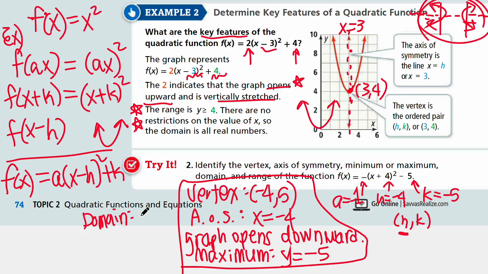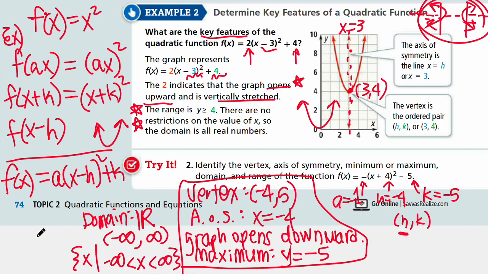Domain is all real numbers, so you can write a big capital R with two lines to represent all real numbers, or you can use interval notation, or set notation where x is anything from negative infinity to positive infinity. Okay, and then range is everything up to your maximum of -5, so everything less than or equal to -5, right?